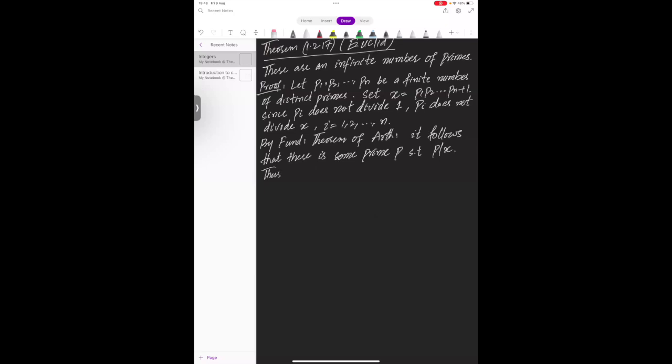Thus, p is distinct from all these primes, so that we have n plus 1 distinct primes.